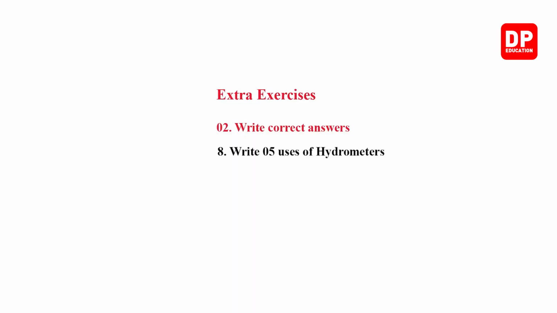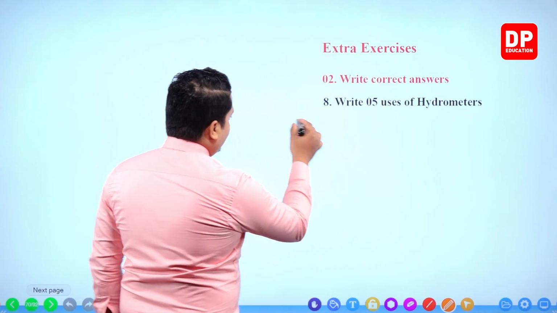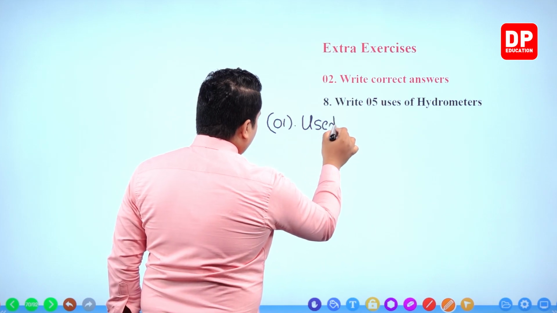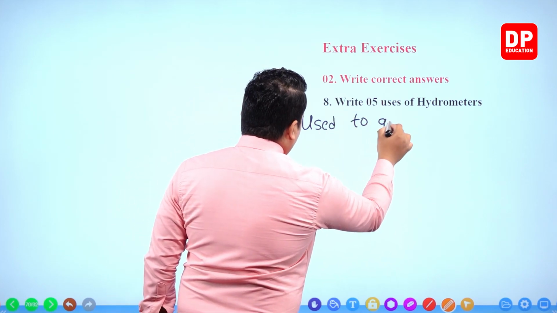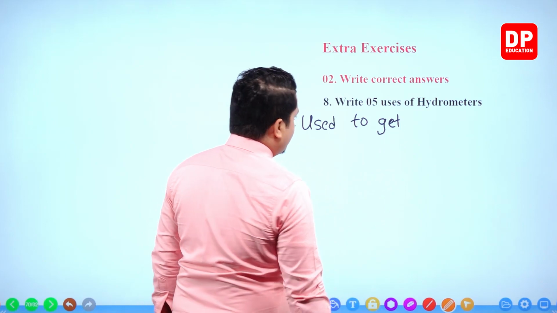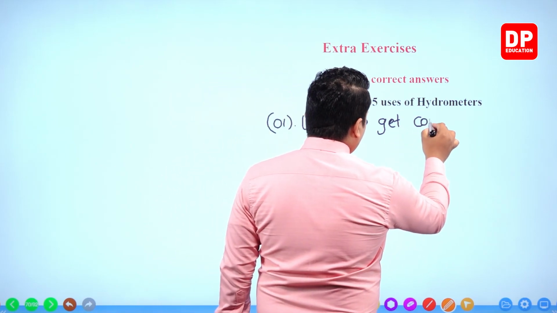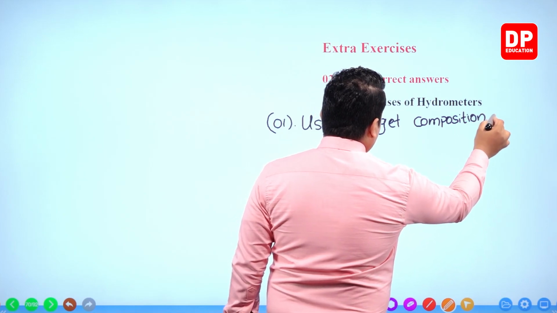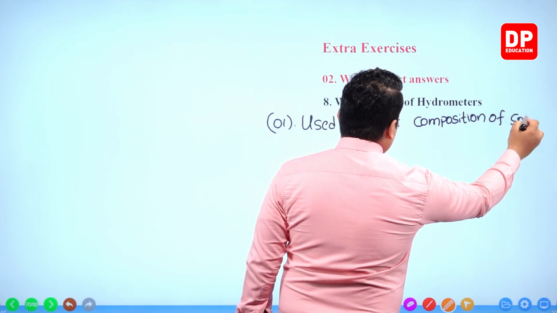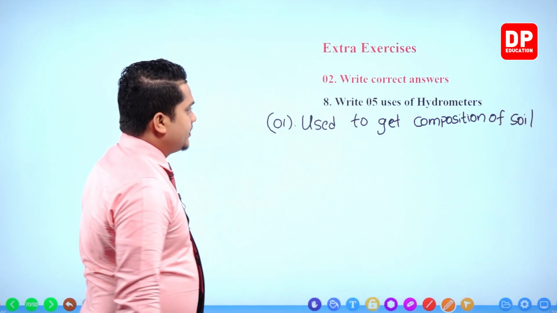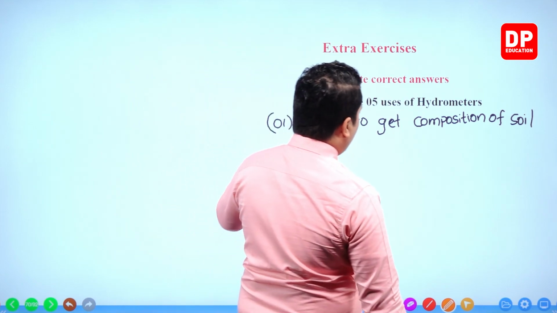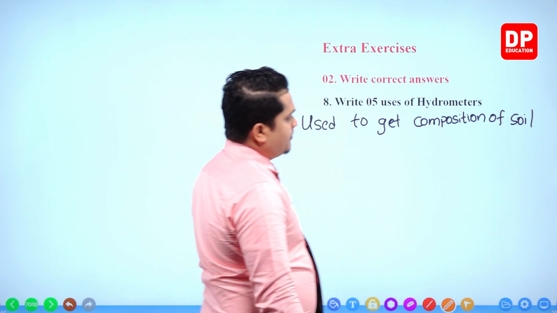Right, then the next question. Write 5 uses of hydrometers. So very simple, my dear children. Number 1, used to get composition of soil. We can use hydrometers to get composition of soil.